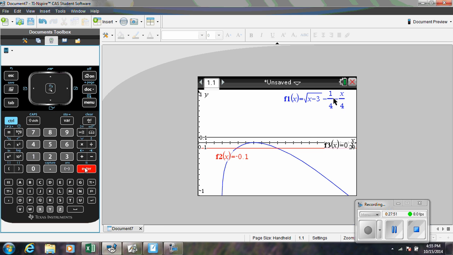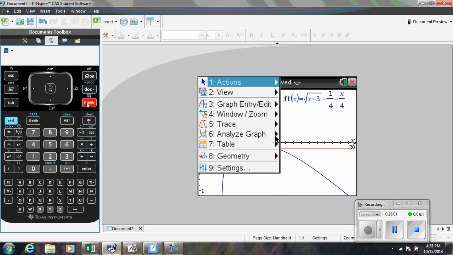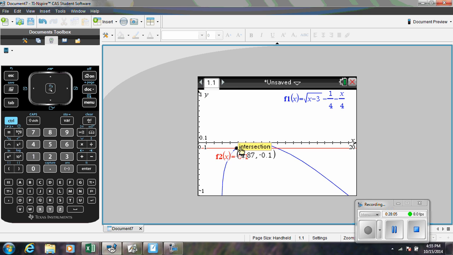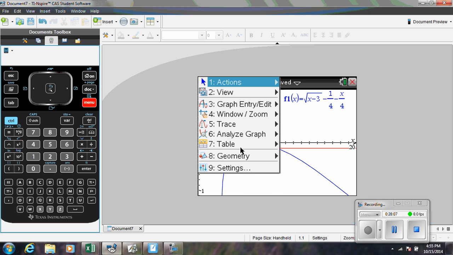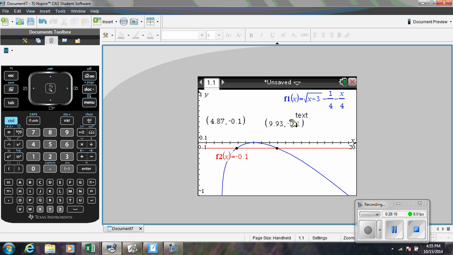I still don't need the blue line, but you can also tell the window for the x values that will still work has shrunk. I can go right back into using the intersect feature. Menu, intersect, left-hand side, right-hand side, and we are getting the two values from 4.87 up to 9.93.